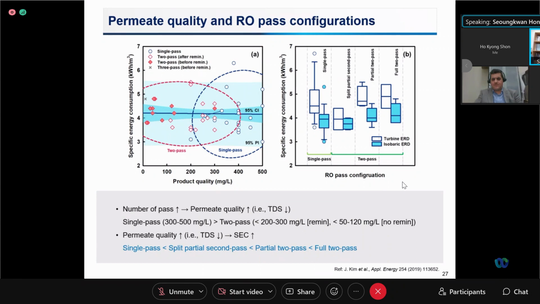However, more energy is required for the operation of a two-pass system, resulting in higher SEC. More specifically, SEC increases in the order of single pass, split partial second pass, partial two-pass and full two-pass in this diagram.